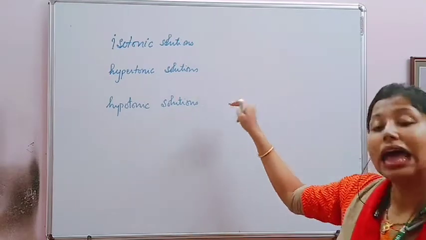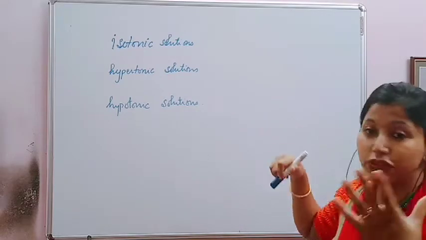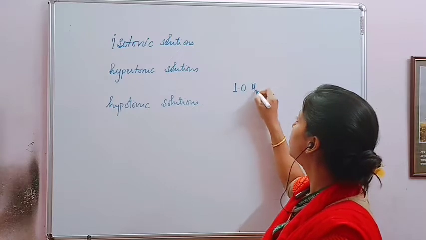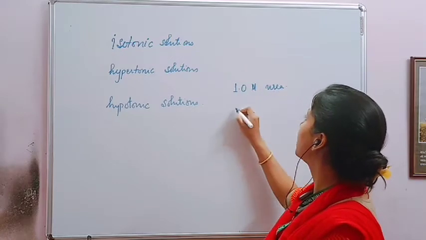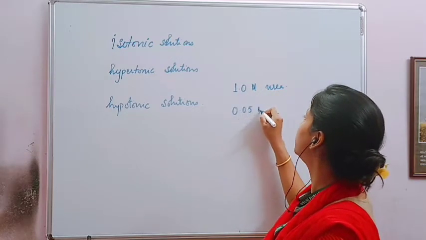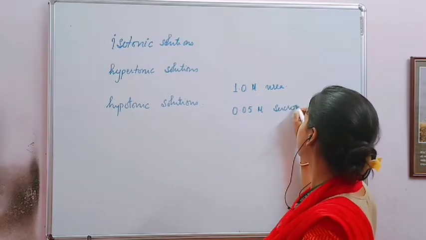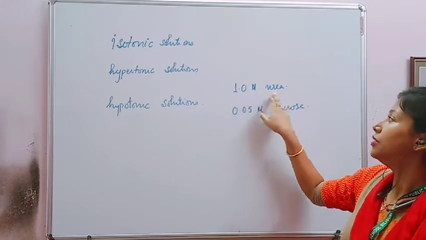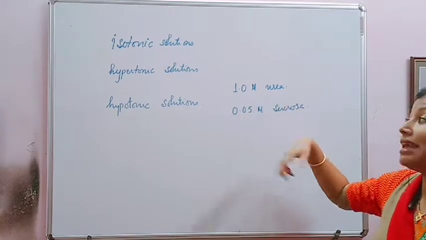Hypertonic and hypotonic. Let me choose an example to explain this. Suppose I have 1 molar solution of urea and 0.05 molar solution of sucrose. Okay? Now, 1 molar solution of urea will be hypertonic.